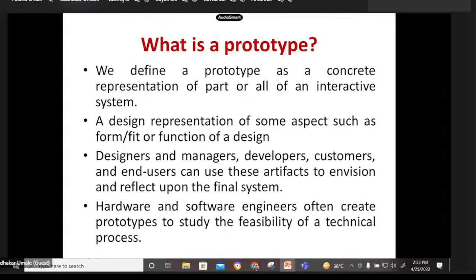Hardware and software engineers often create prototypes to study the feasibility of technical processes. What exactly is feasibility we have to observe? Feasibility is the analysis. This last line is very important for you: hardware and software engineers often create prototypes to study the feasibility of technical processes.